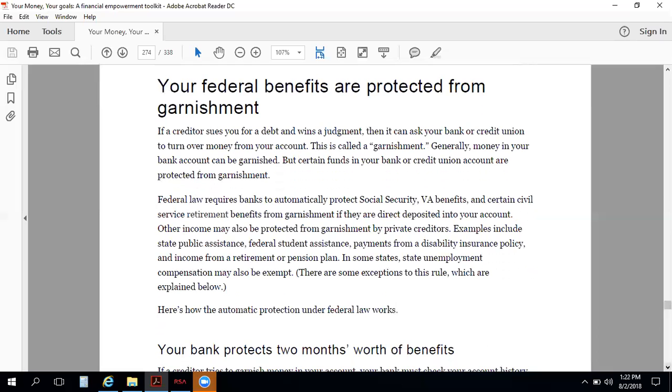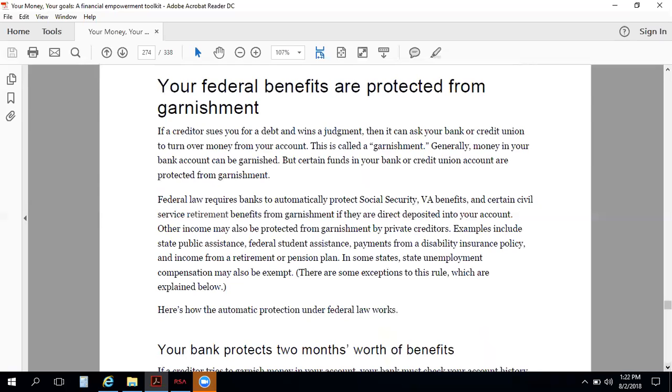And since we do work with people with disabilities, I wanted to just take a minute to talk about federal garnishments. This was something I covered in previous Your Money, Your Goals webinars, but as a reminder, some federal benefits such as Social Security, not Social Security disability, but Social Security retirement, SSI, supplemental security income, and VA benefits are protected from garnishment.